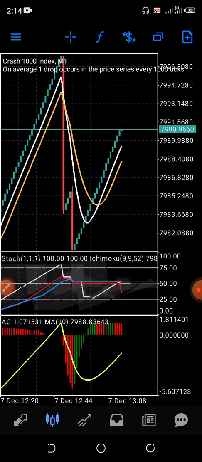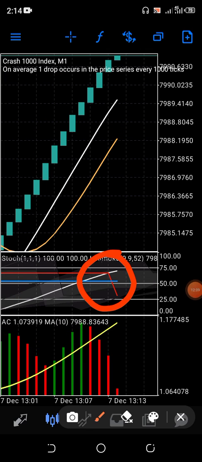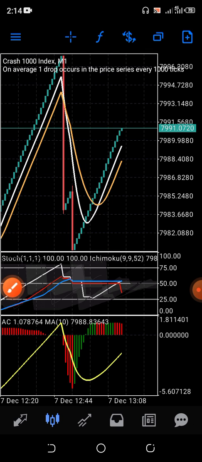Now watch this thing. Check this middle line here. If you are using this strategy, check this middle line. What is the direction of the moving averages here? Check it carefully. Now check the AC movement. Once the AC here is pointing upward, it simply means that you can get up to 5 to 15 candles.